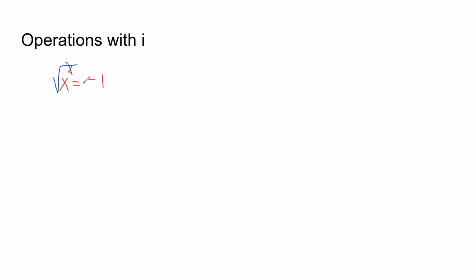In earlier math classes, probably like Algebra 1, you were told this has no answer. This actually has no real answer. But once we get into imaginary numbers, x is i, and you still do a plus minus, typically, if you're solving. Okay, so that is where i has come from. So the definition of i is it is the root of -1.